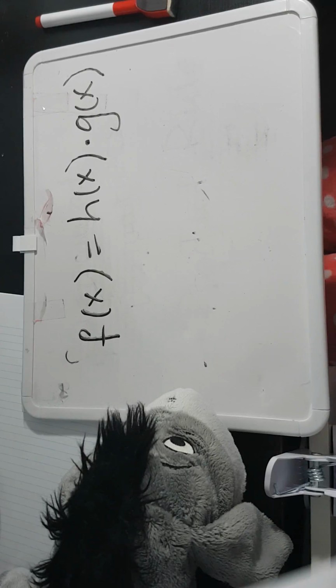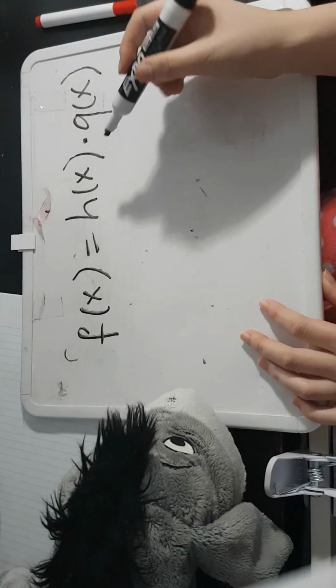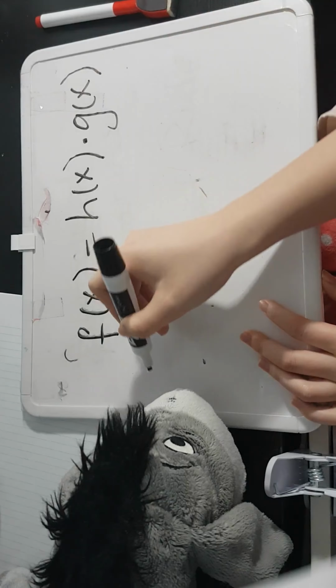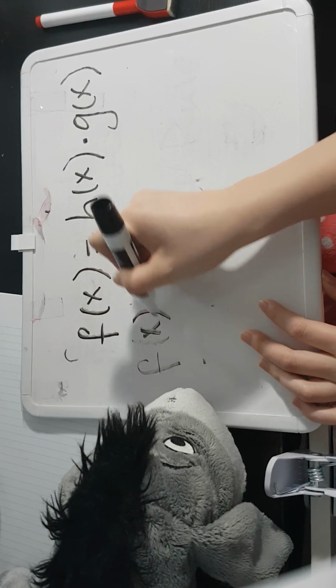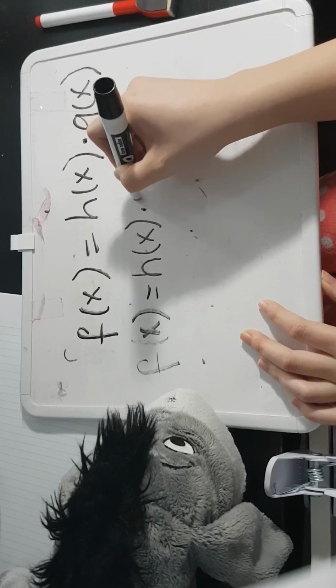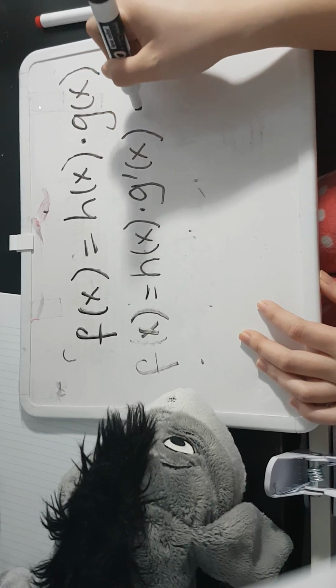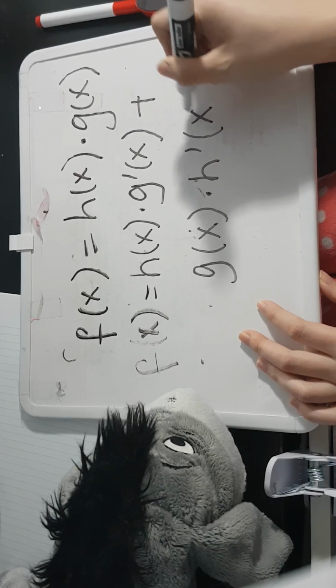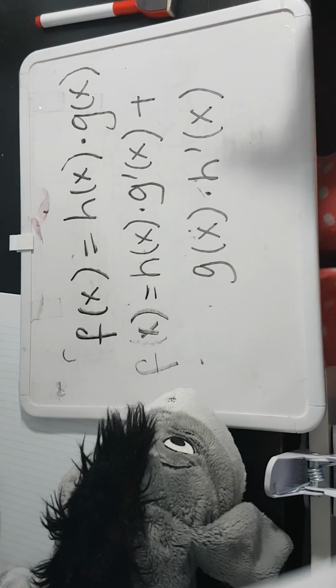But how does it work? Basically, instead of expanding these functions together, we are using the product rule, which is f'(x) equals h(x) times g'(x) plus g(x) multiplied by h'(x). So g'(x) is the derivative of g(x), and hopefully you have learned how to solve polynomial derivatives.